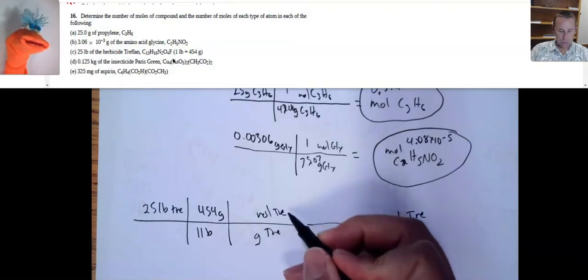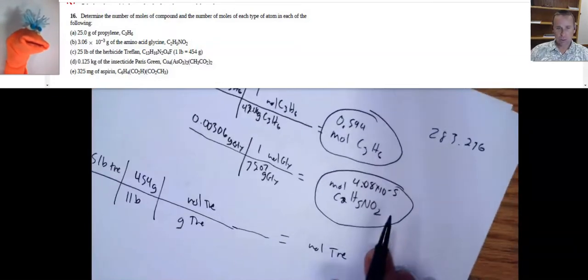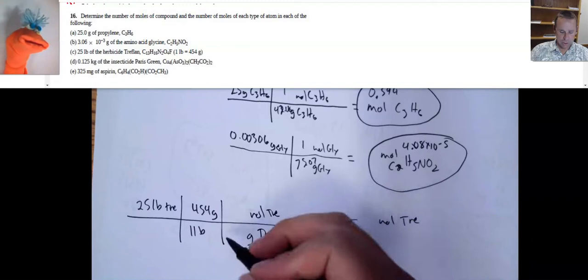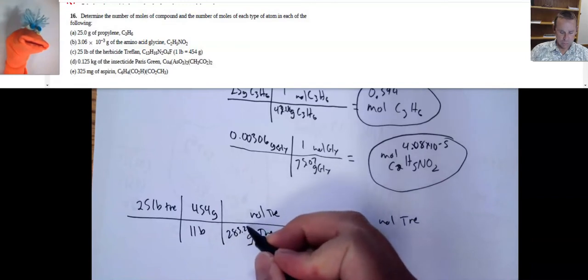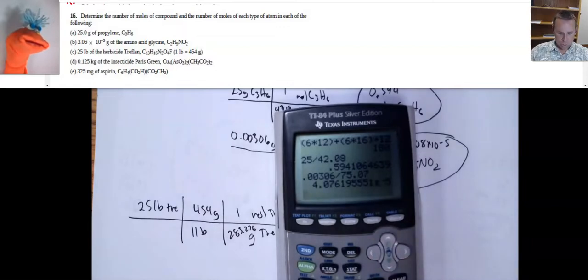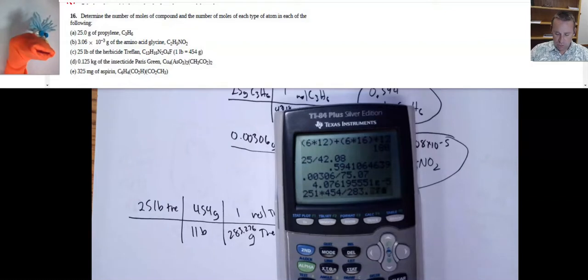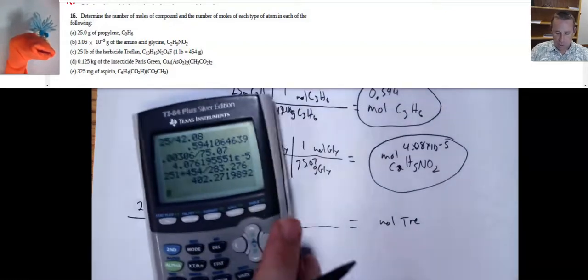TRE, TRE. And the number again was, I wrote it down over here, 283.276 for every mole. Okay, so 25 times 454, going from pounds to grams, divided by 283.276, and that should be how many moles?